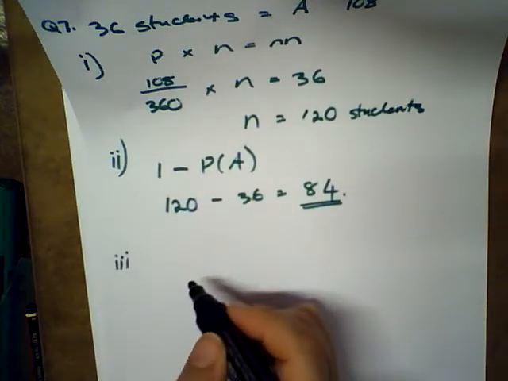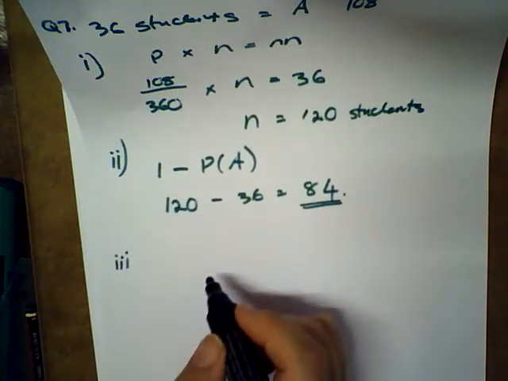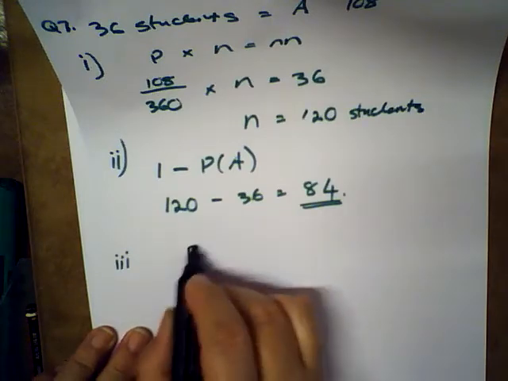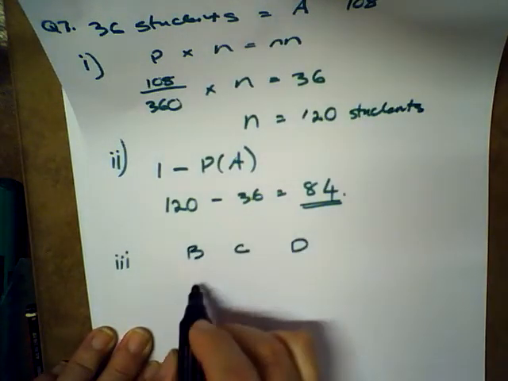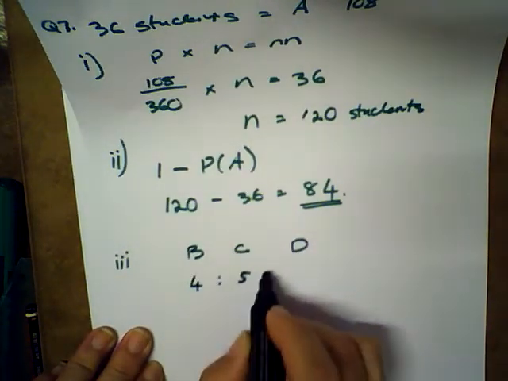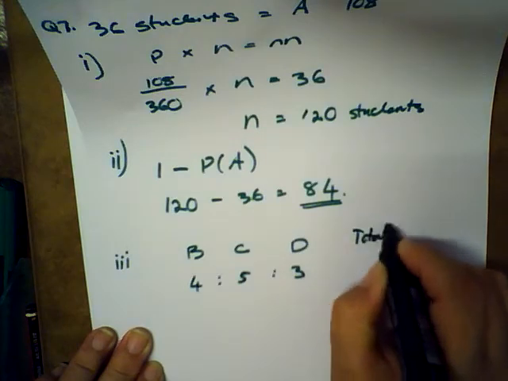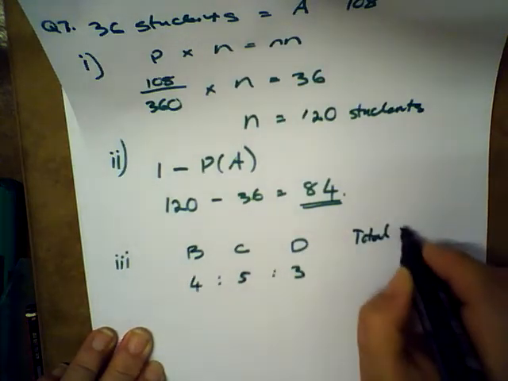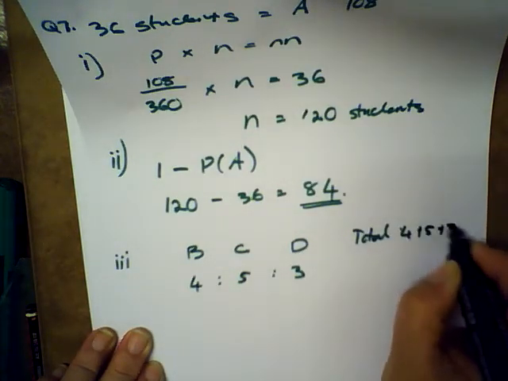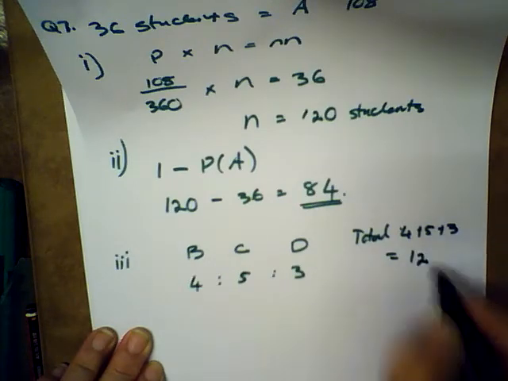Part 3: the ratio of the number of students getting a B, C, or a D is 4, 5, and 3. Find the number of students getting each grade. The total of this division would be 4 plus 5 plus 3, and that gives us 12.